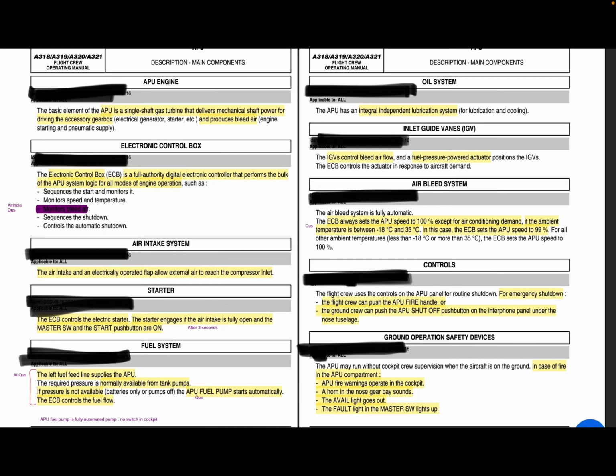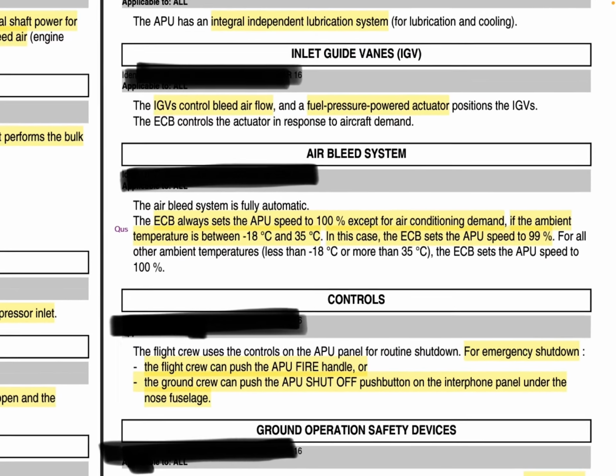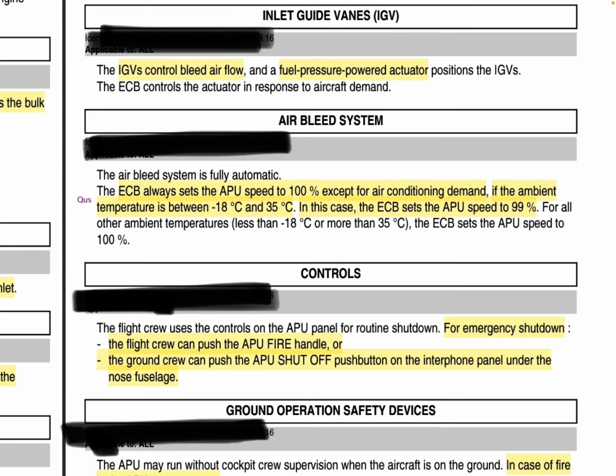If the temperature is between minus 18 degrees Celsius and plus 35 degrees Celsius, it's an ambient, normal temperature, and if this requirement is met, then ECB commands APU to run at only 99% of its actual value. No need to run at higher RPMs, right? This is a temperature where demands can be met easily. Air is dense, you know.